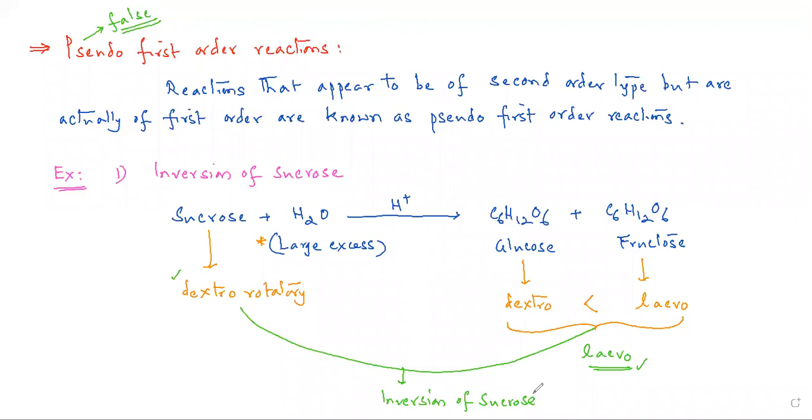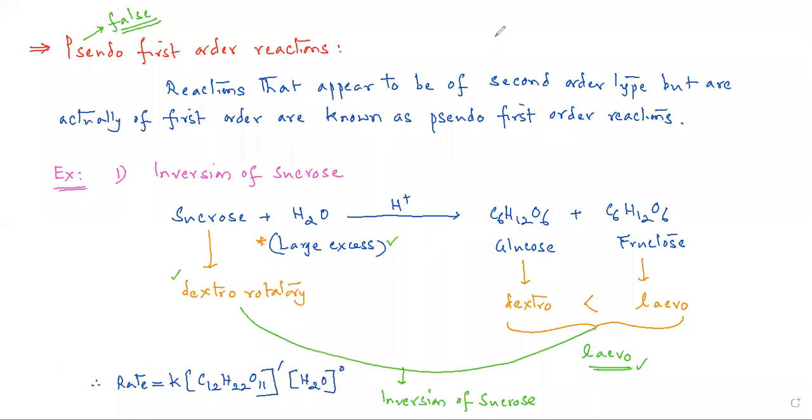See, in this, the point I would like to say is whatever is taken in large excess is not going to affect the rate of reaction. So in this case, rate expression can simply be written as K into C12H22O11, nothing but sucrose, to the power 1 into water to the power 0.